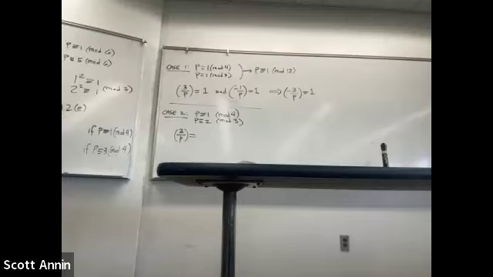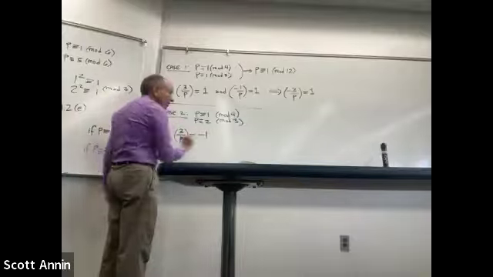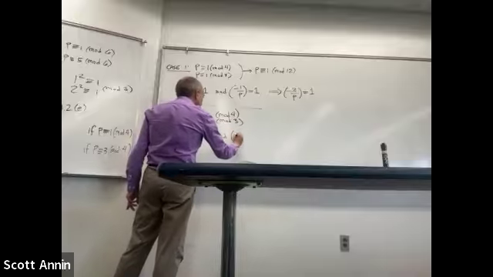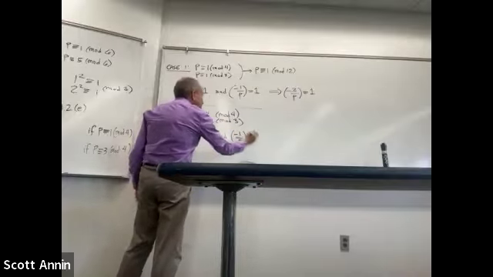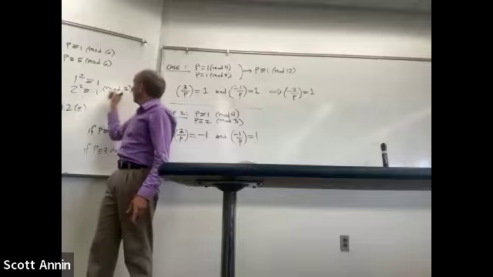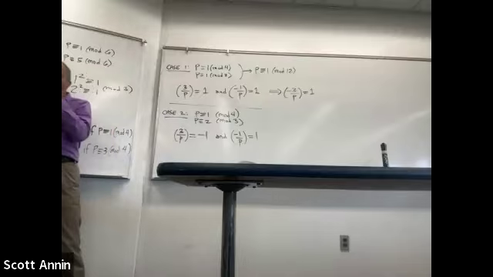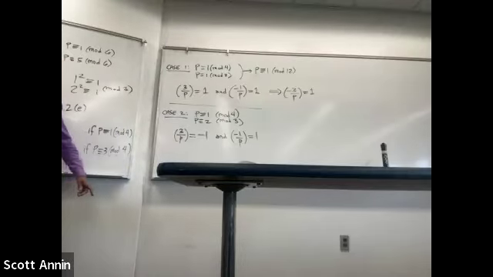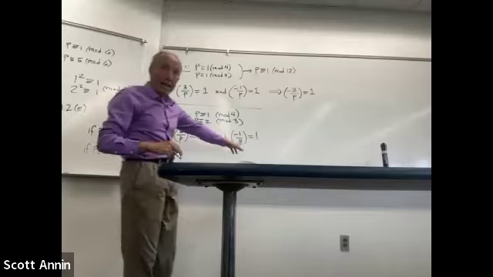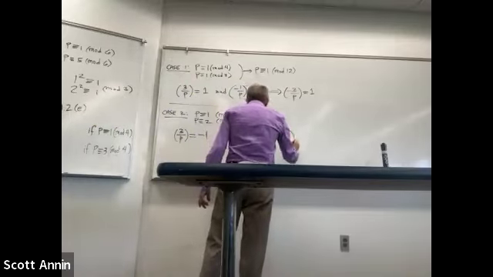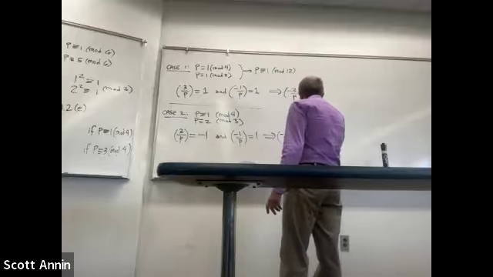But since P is congruent to 2 modulo 3, we're supposed to get a -1 here. So this one would be a -1. However, at the same time, the Legendre symbol of -1 with respect to P is still +1 from right here. P congruent to 1 mod 4 gives me a +1 on the Legendre symbol of -1. So putting this together with the multiplication property, this one comes out to -1.